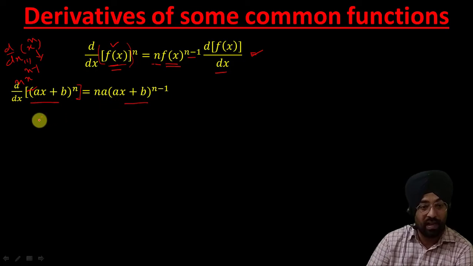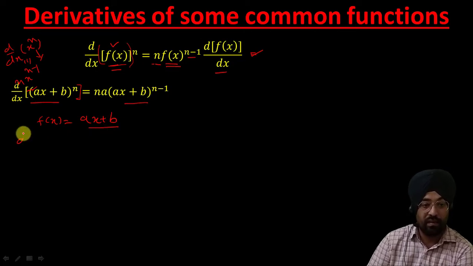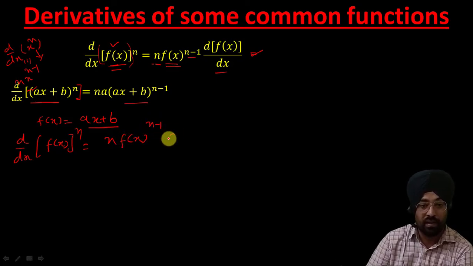Now here we have f(x) is equal to ax plus b. So this is our f(x). Now we have to find the derivative of f(x) raised to the power n. It is n f(x) raised to the power n minus 1 times the derivative of f(x).